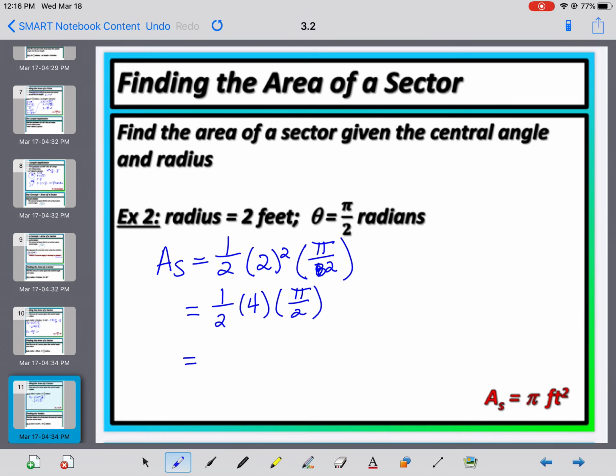Okay, so 4 times 1 times pi over 2 times 2, whoops, 4. And then I can reduce. So I have pi feet squared as my area for the sector.